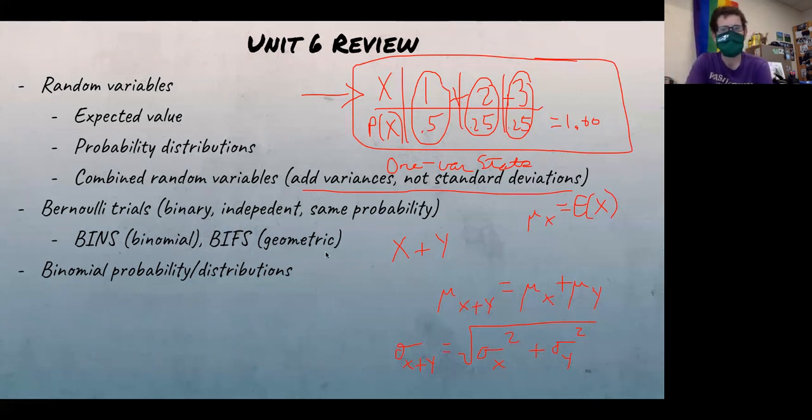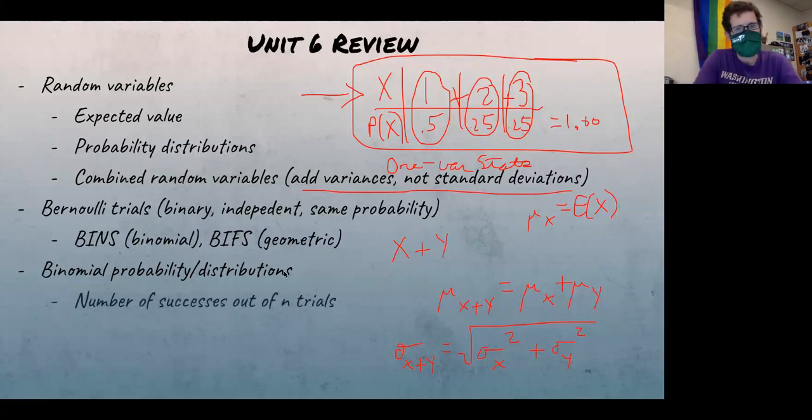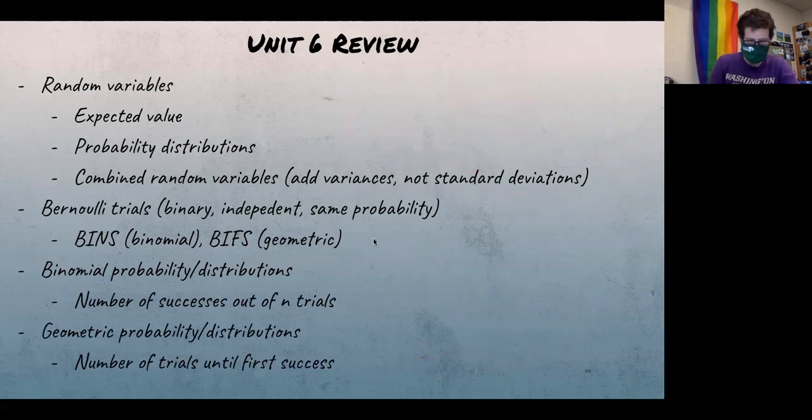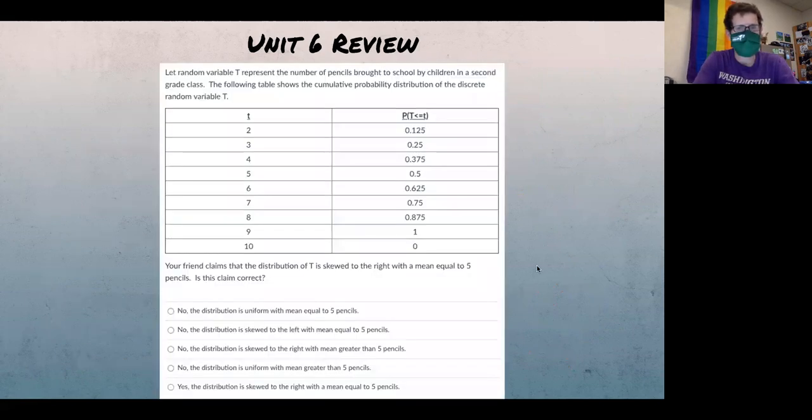But if in your head you can realize we're talking about something about the first success, that's what the F stands for with your geometric probability. So the binomial and geometric right here, number of trials until first success. Okay, that's a very short intro to something that can be kind of complicated.